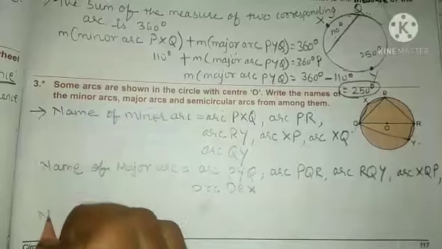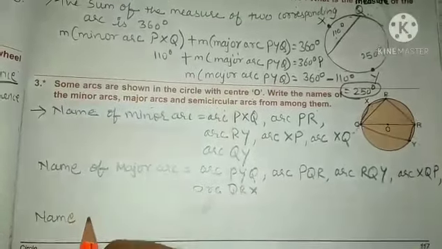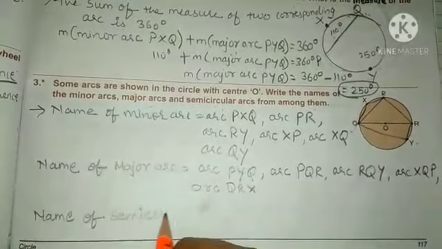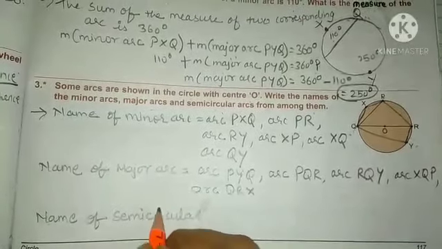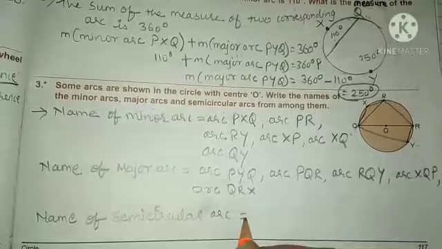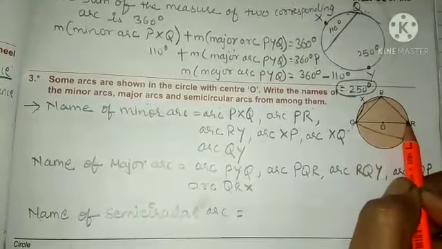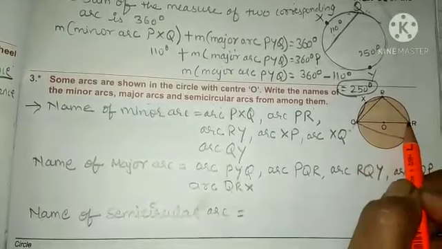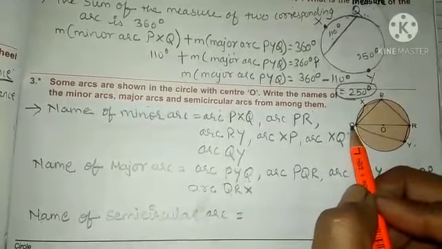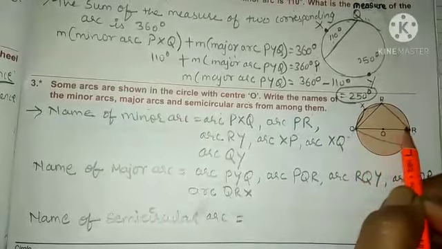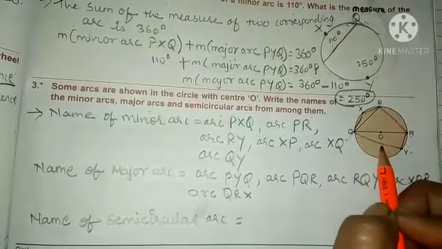And next we have to write down the names of semicircular arcs. Now how will you get your semicircular arc? When a diameter divides your circle into two equal parts, QR is your diameter, so this QR has divided your circle into two equal parts. Clear?